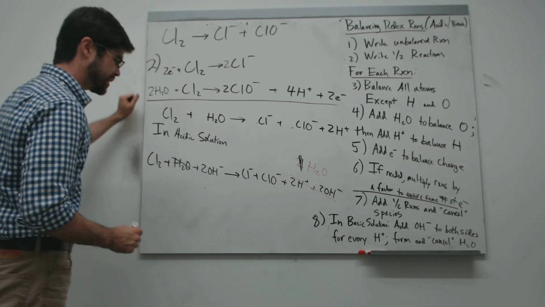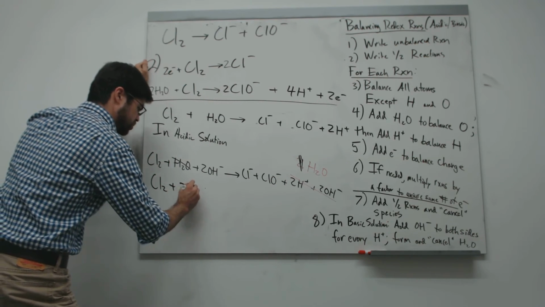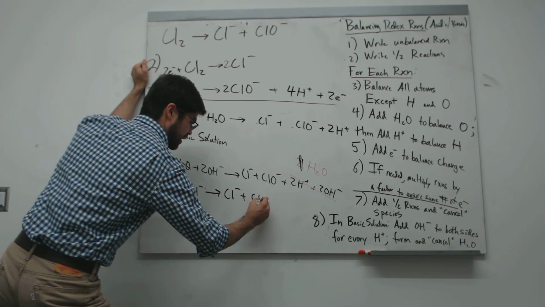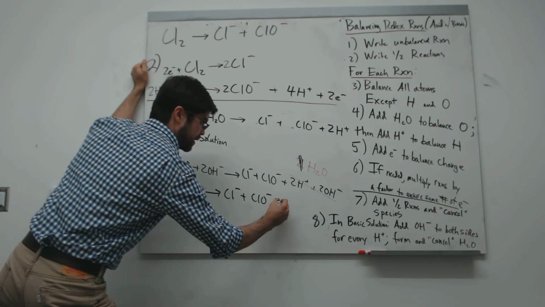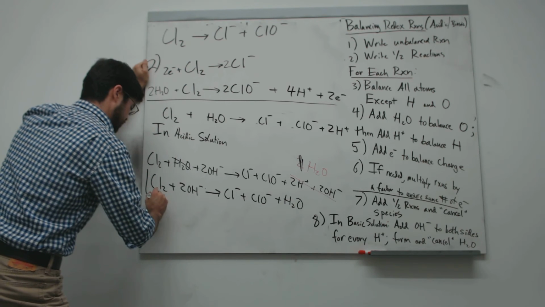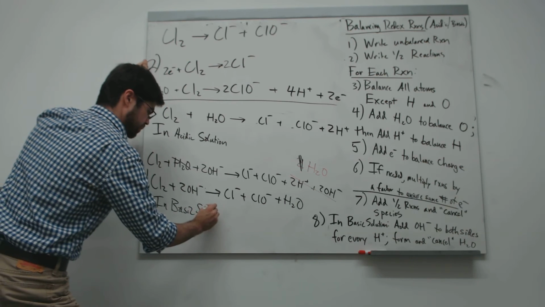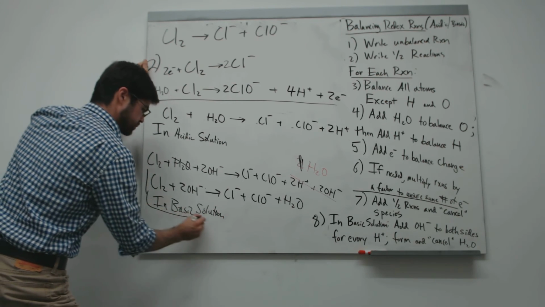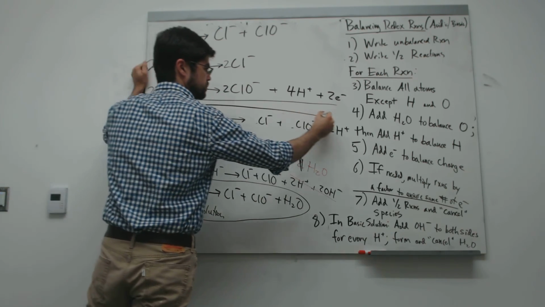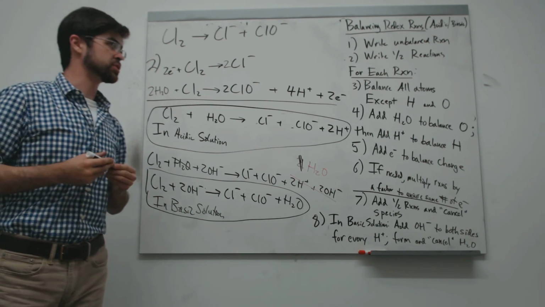So now my net balanced reaction is chlorine plus 2 hydroxides going to the chloride ion, the hypochlorite ion, and water. So this is what it would be in a basic solution, and there's what it would be in acidic solution.